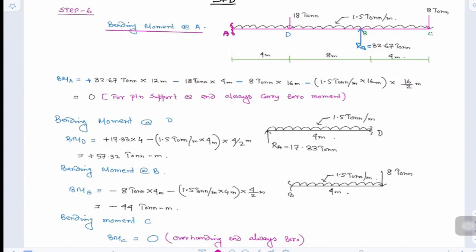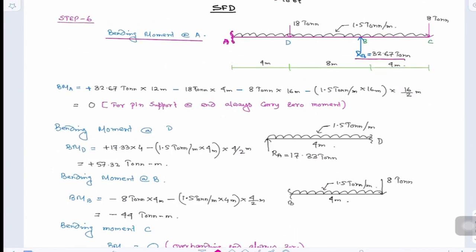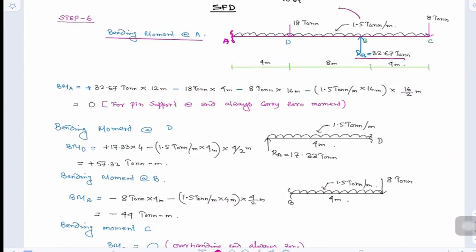So if you look at it, RB is causing a moment in this direction. Okay, so what will be the shape of AB because of RB? Because A is fixed, the shape will be something like this. This shape is similar to laughing. So RB is causing a moment of 32.67 ton into this length.